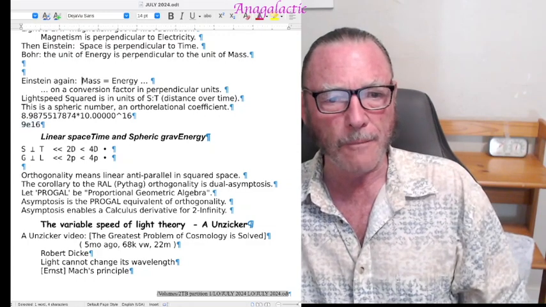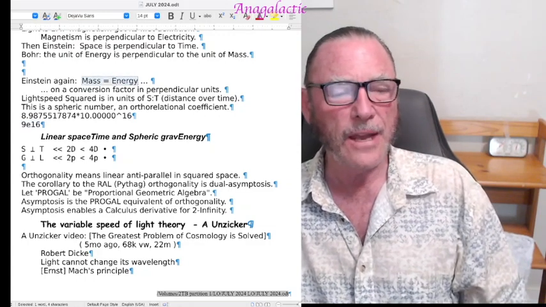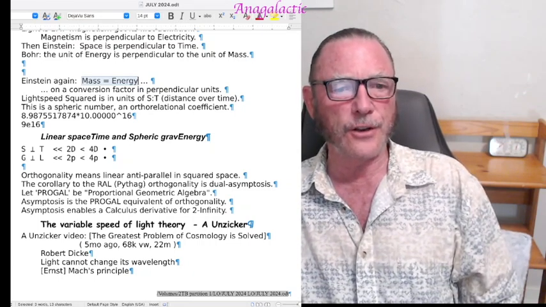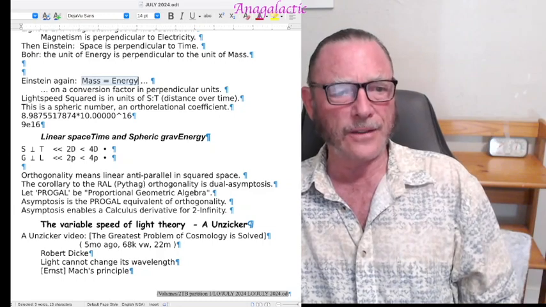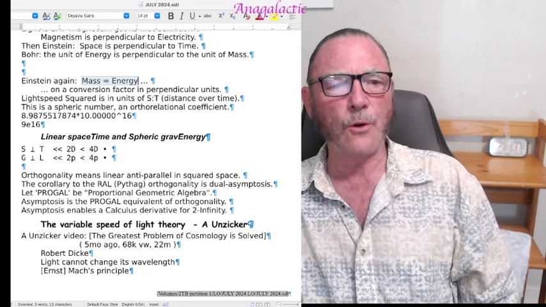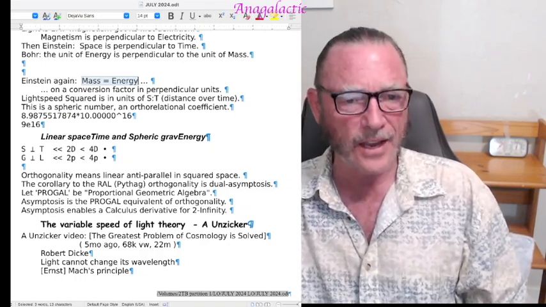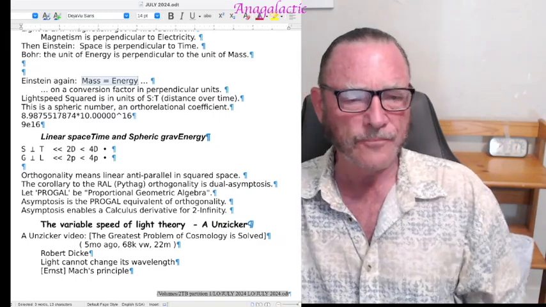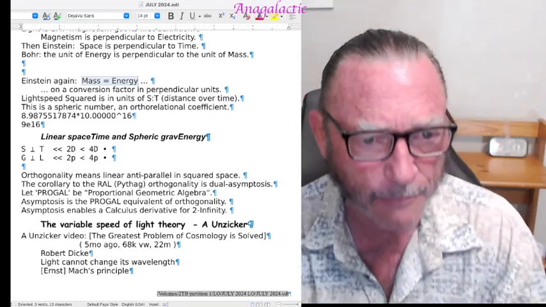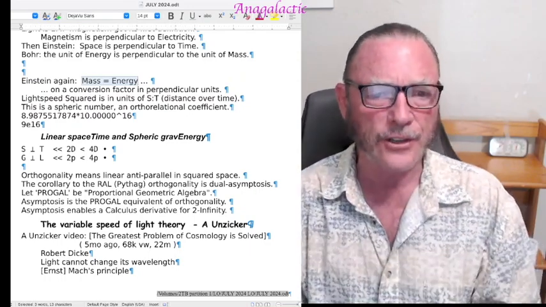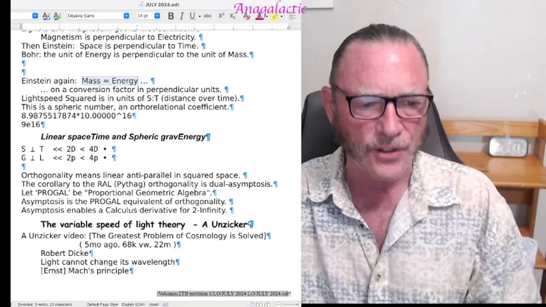And therefore, mass being equivalent to energy, we don't have the conversion units. It would have to be mass energy. It's actually distance time. So mass is equivalent to energy on a coefficient of distance time, a coefficient of space-time. The relationship between mass and energy is in space-time.